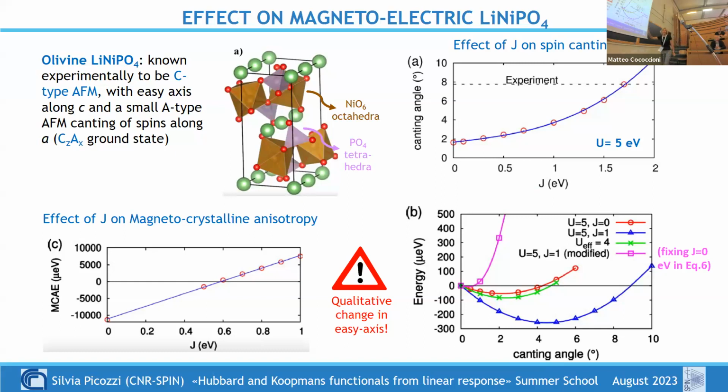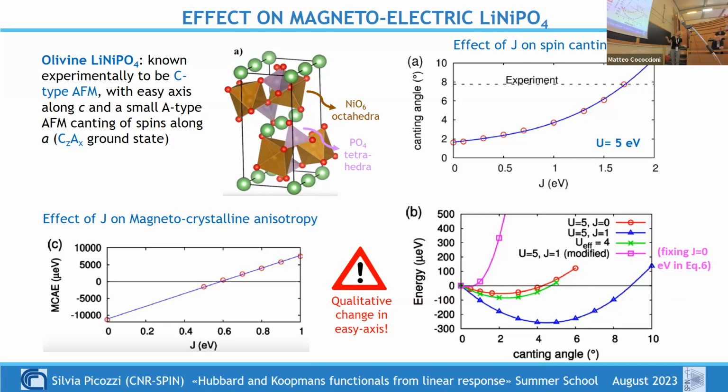So this is not my paper, but this is Nicola's paper. But I think this was just to show equation 6. So basically the difference between, let's say, this one and this one is the difference between Dudarev and Liechtenstein.